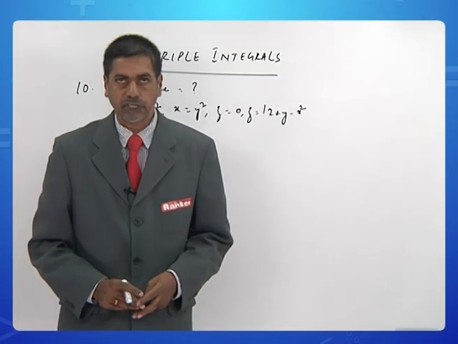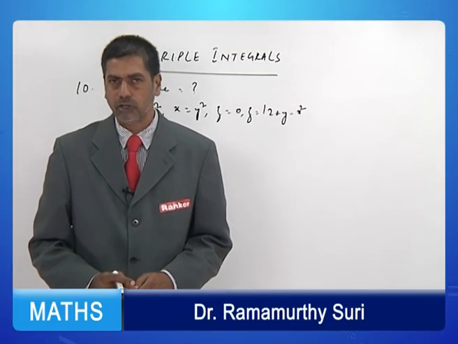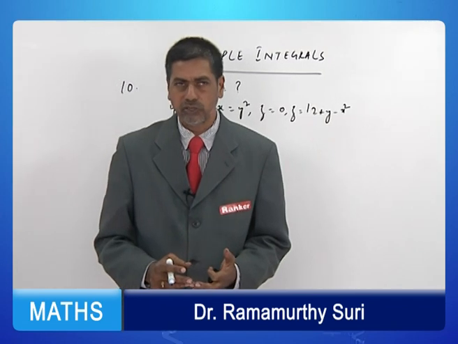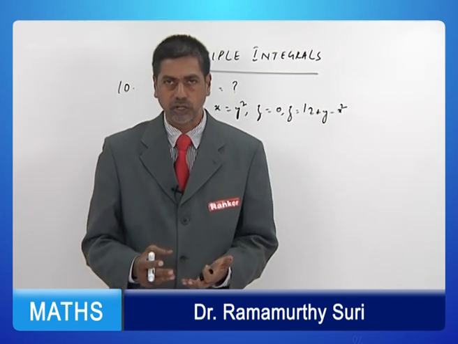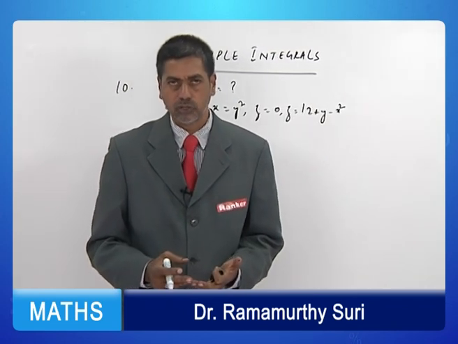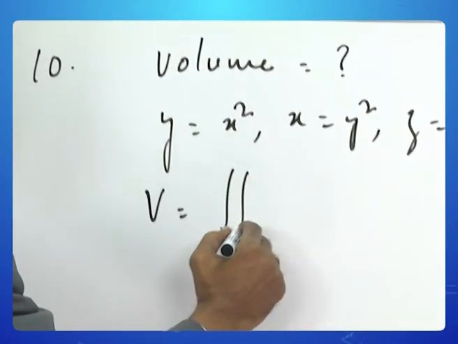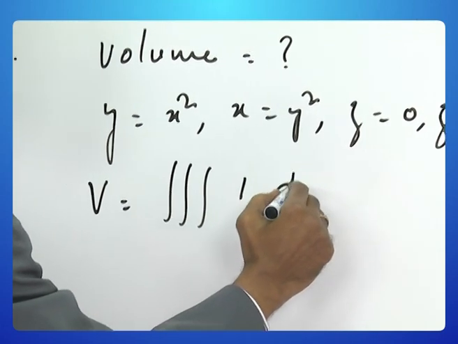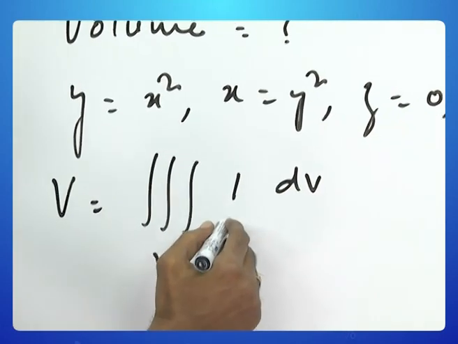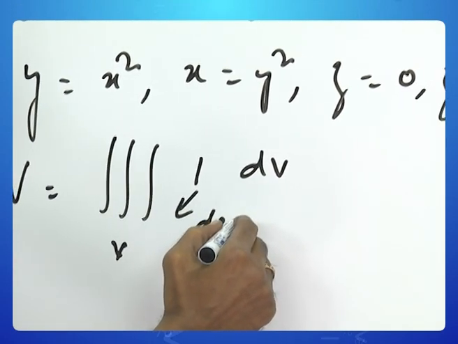This is a volume application, and all of us know when the density function is equal to 1, we get volume. So volume is equal to triple integral 1 dV. This one is density.